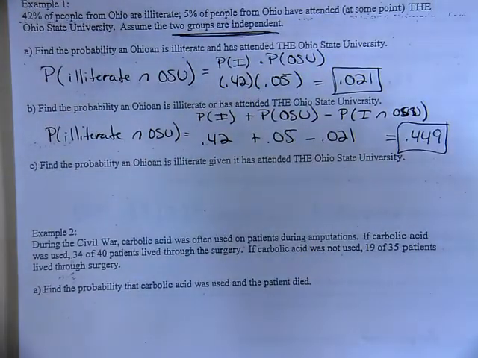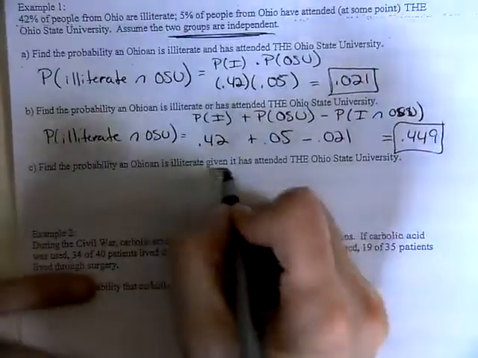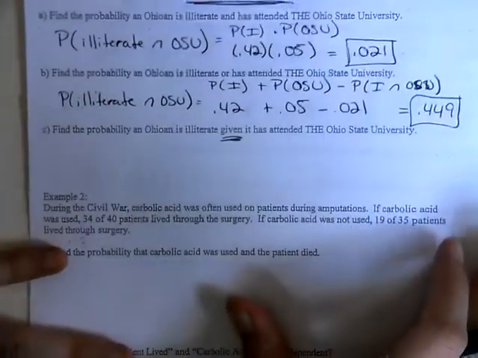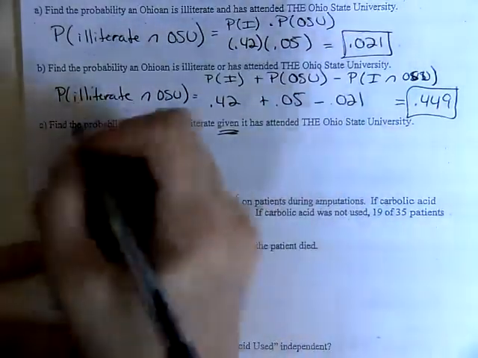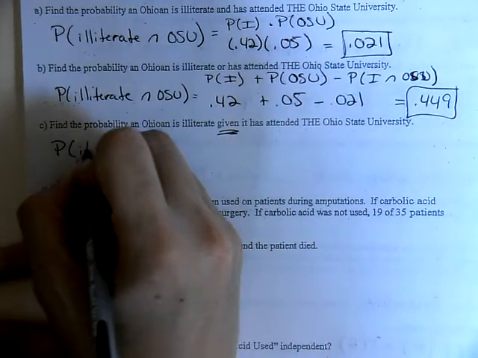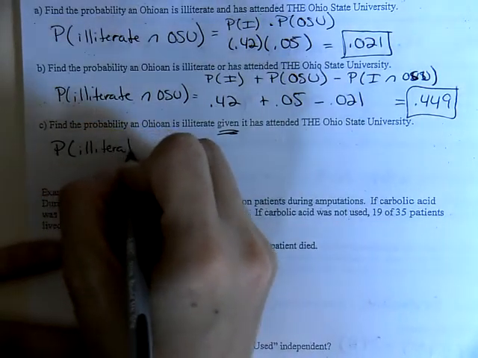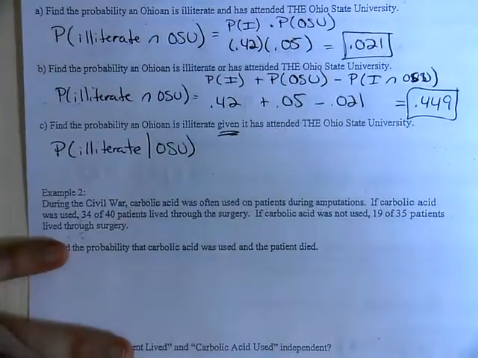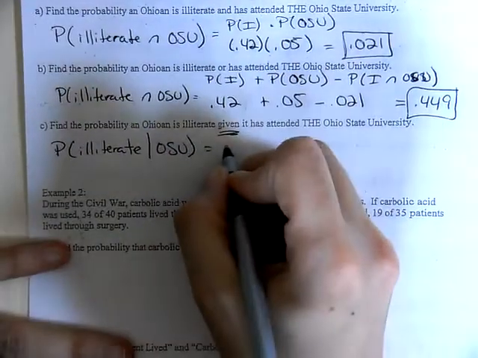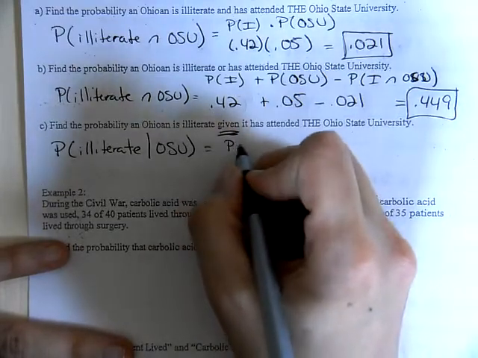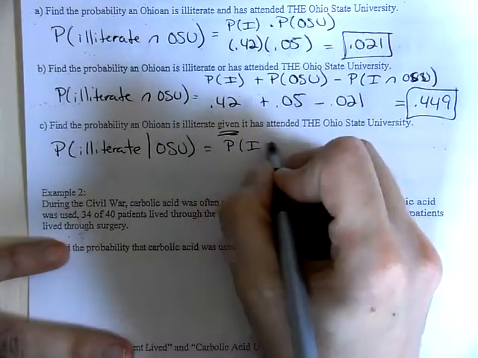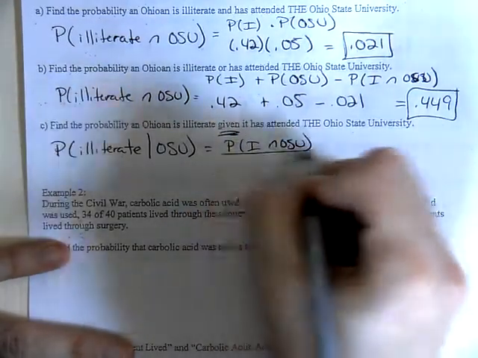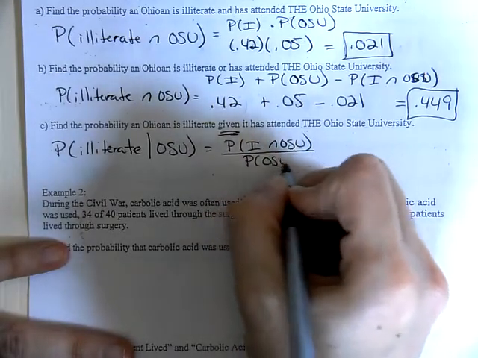Find the probability an Ohioan is illiterate given that they've gone to The Ohio State University. So again, now we're going to do a conditional, so that they're illiterate given they went to OSU. But again, if I use the formula, this would be the probability that they're illiterate and they went to OSU over the probability that they went to OSU.